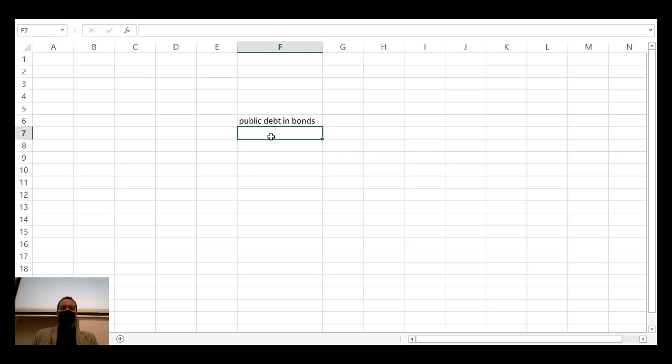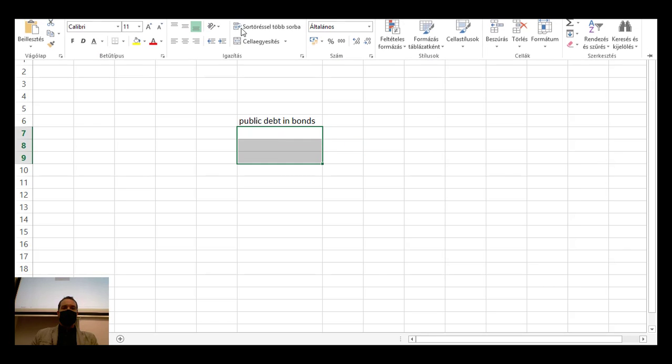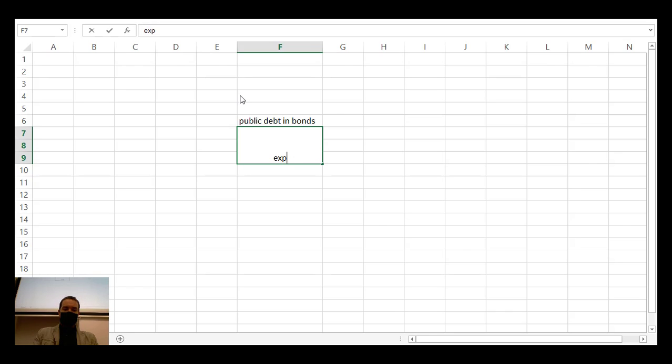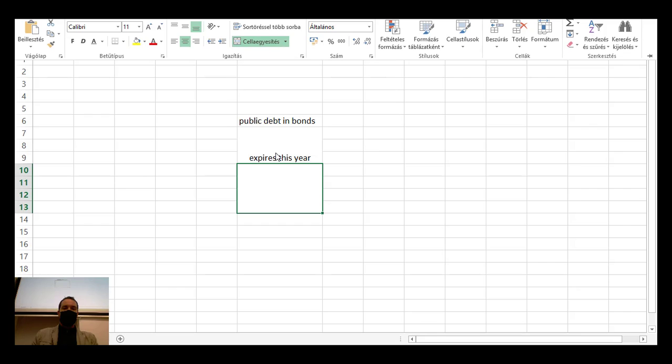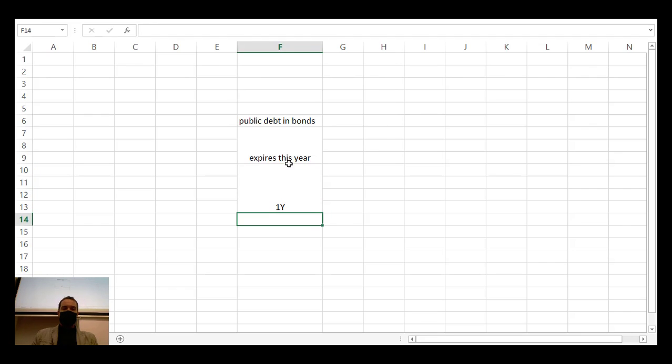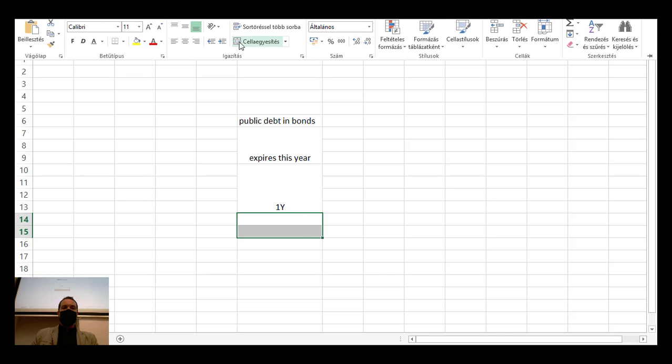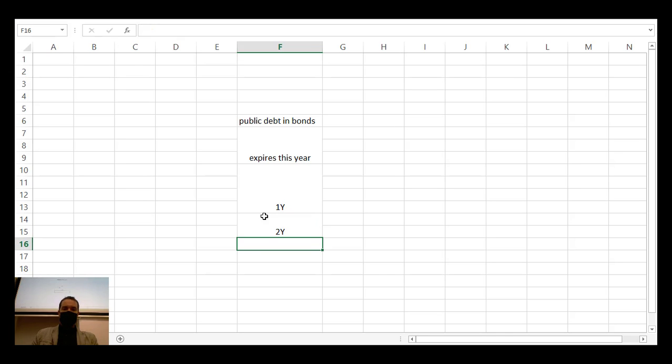We can say that okay, this part will expire this year. Then this part will expire next year. So 1 year later, then we can say that this is for 2 years. We can say that it will be 3 years, 5 years. People prefer to issue for 10 years, so let's do more. But we have 20 years, 30 years.